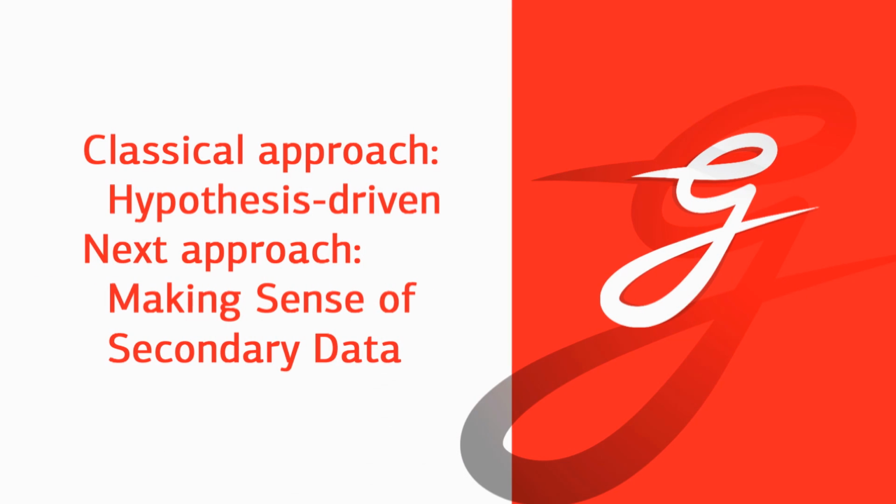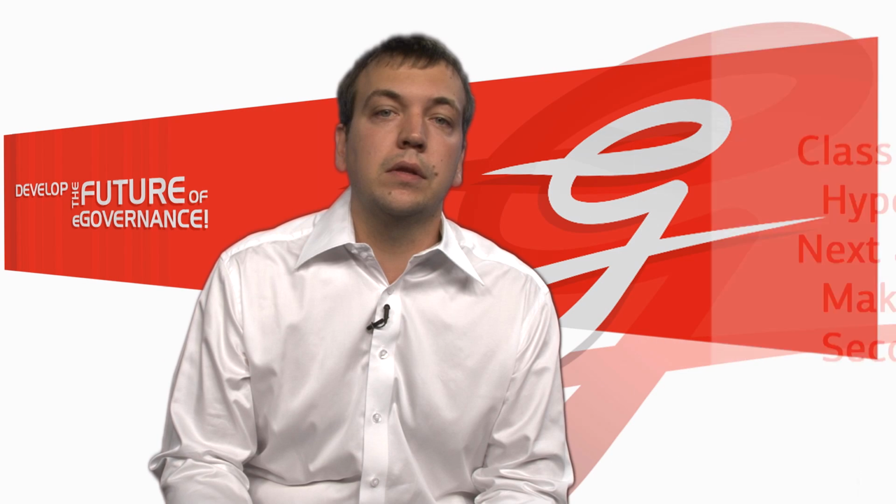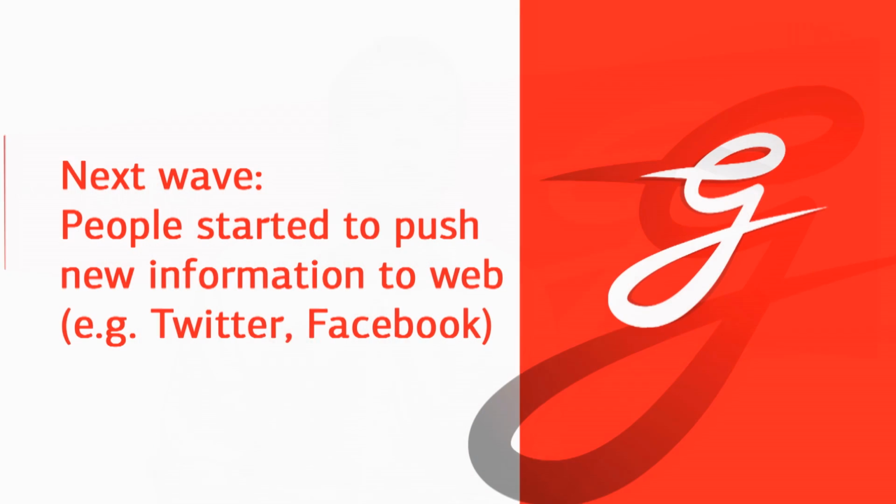So the first initial classical way to analyze data was to form hypotheses and then perform the analysis. The second wave was to analyze the data which is already there, to analyze the secondary data and to make sense of that. And then the next wave was that people started to push new information to the web.